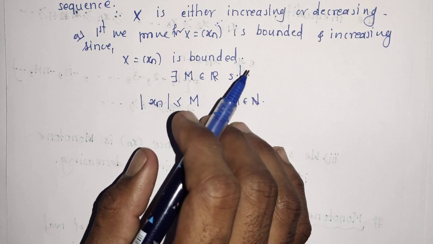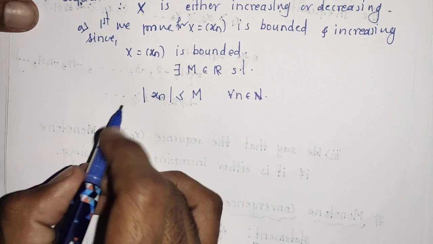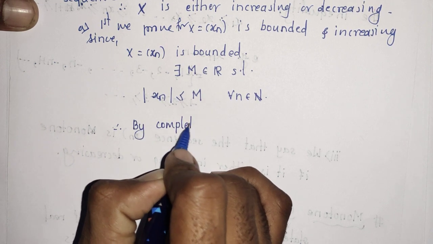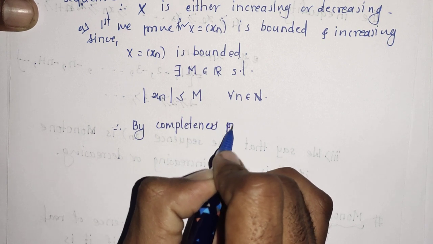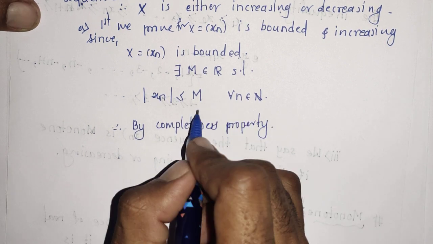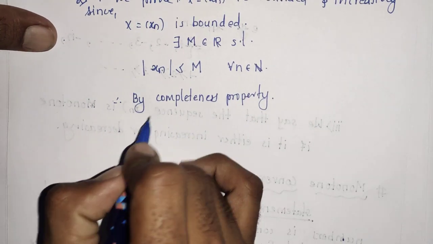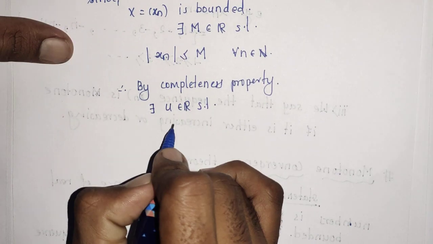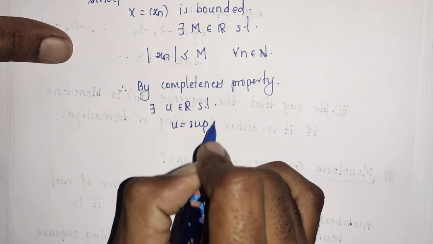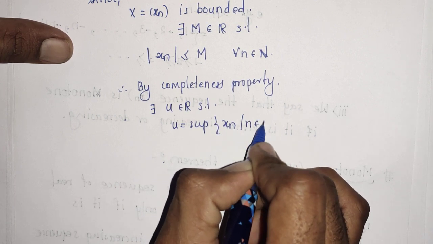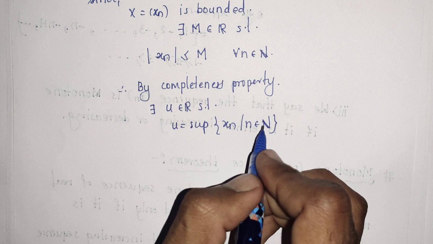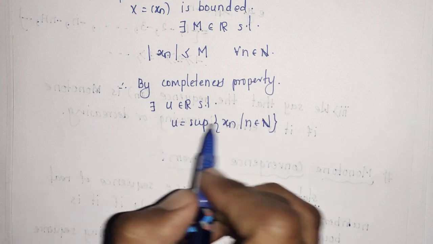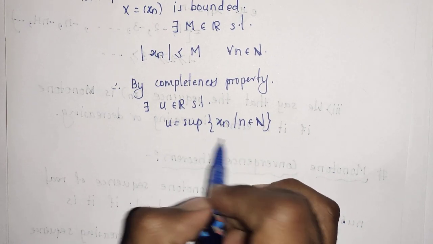Therefore there exists some real number u such that u is the supremum of all xn, n belonging to the natural numbers. Supremum means least upper bound, least among all the upper bounds.